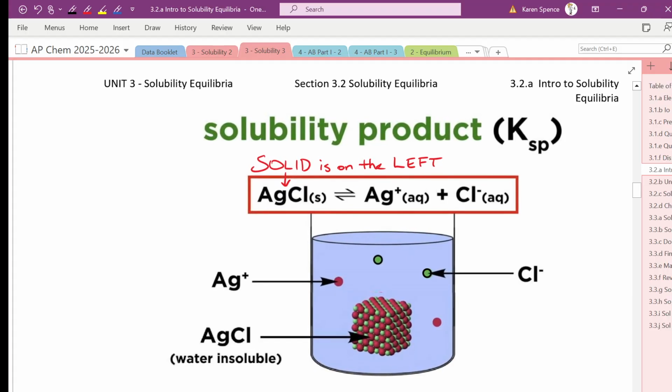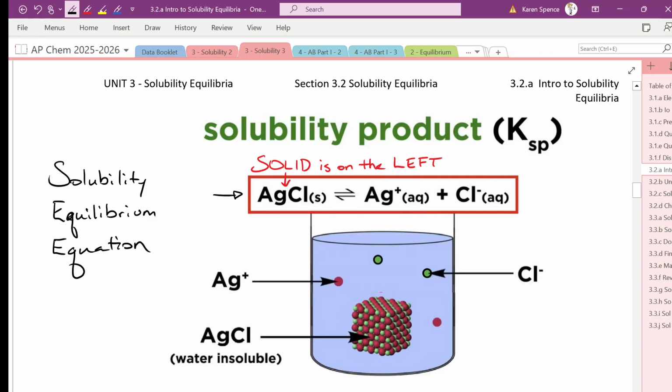This equation here is called the solubility equilibrium equation, which we are going to call the S.E.E. And it is the equation that is used anytime we're doing anything with KSP.